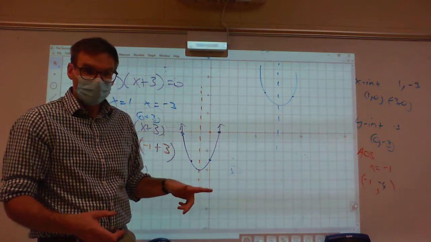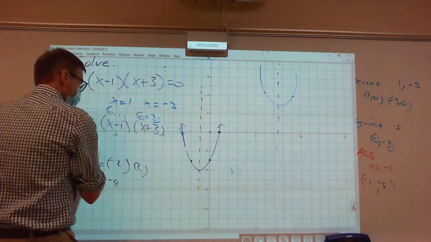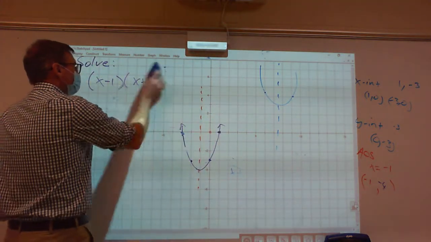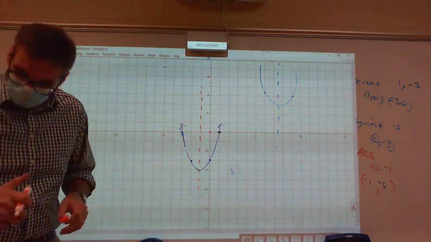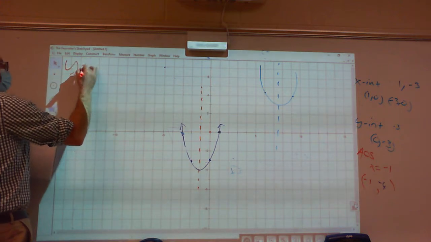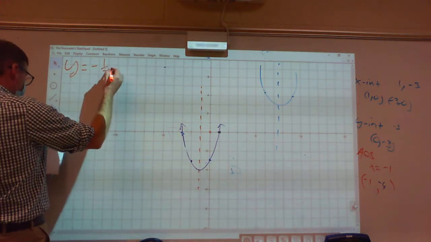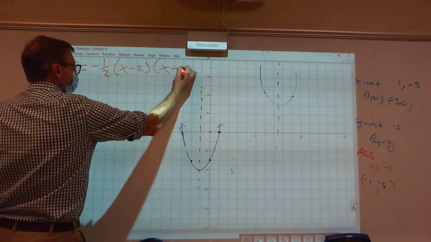All right? So let's try it again. We're going to try it again with this function, y equals negative 1/2 times (x minus 2) times (x minus 8).